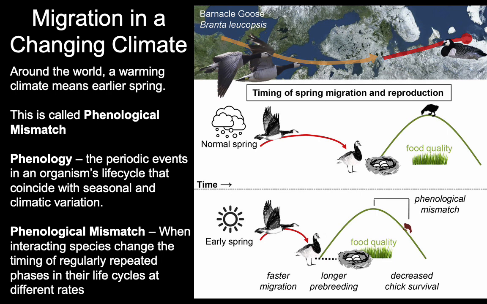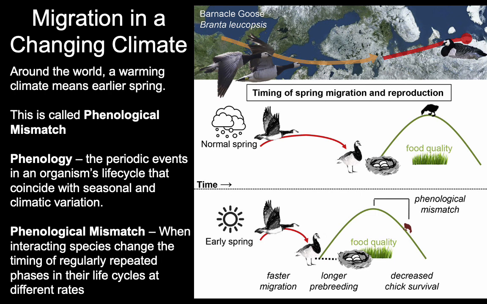Phenological mismatch is the phenomenon when these interacting species change the timing of regularly repeated phases in their life cycle at different rates. And so what are the interacting species here? The barnacle goose and the food, the grass, the vegetation here.